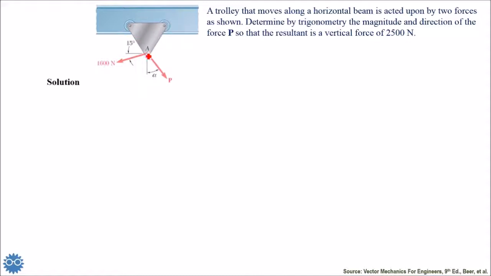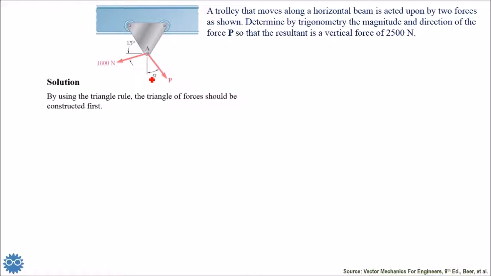Our target is the point A. By using the triangle rule, because we see here we have three forces: one is the 1600 newtons force, the unknown force P, and the known resultant, which is equal to 2500 newtons.